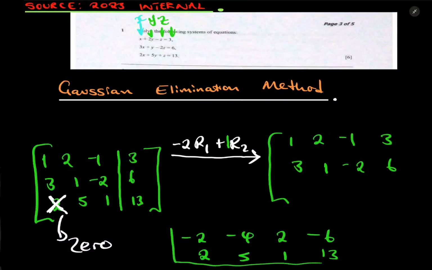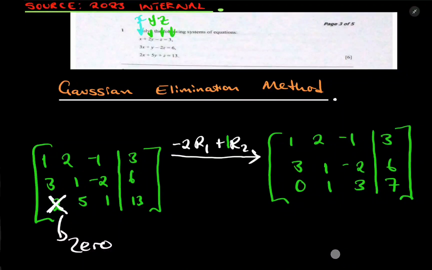Then now it's just a matter of applying addition. So this plus that is a 0. This plus that is a 1. And this plus that is a 3. Wow, this plus that will give us a 7. Don't forget to include the bar and you close. So that's how we transform this particular position of the matrix into a 0.